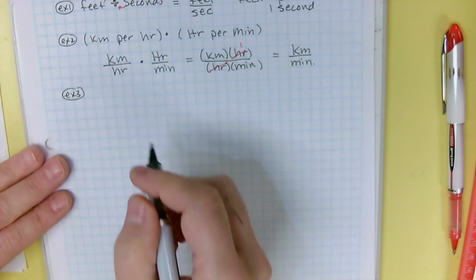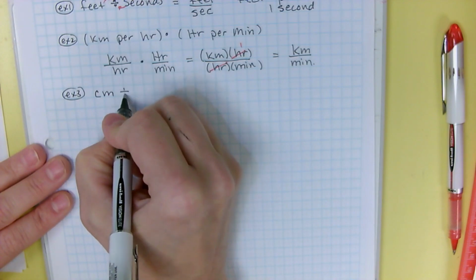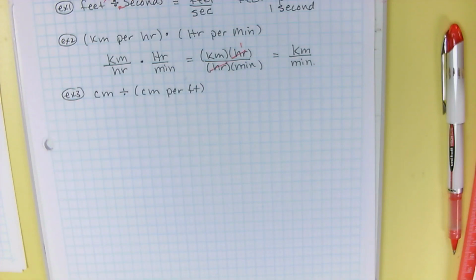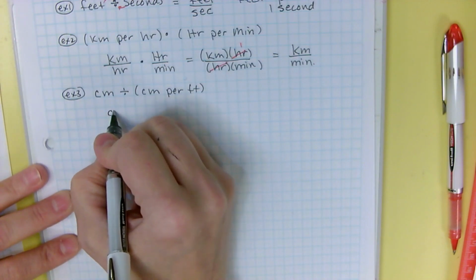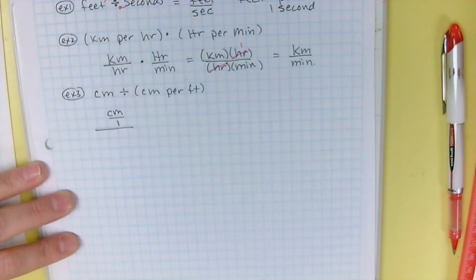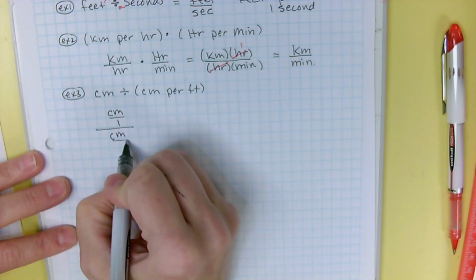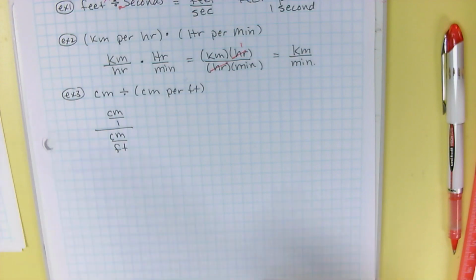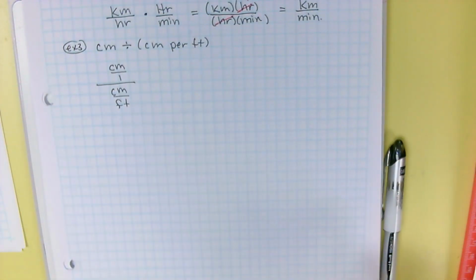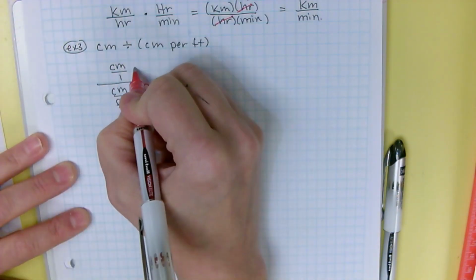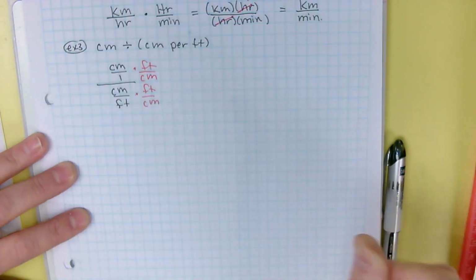All right, last one of these I'm going to show you. Let's say you've got centimeters divided by centimeters per foot. In this case, centimeters goes on top, so centimeters over 1, all over a fraction on the bottom because of the word per: centimeters over 1 foot. Just like when we did stacked fractions, to get rid of the bottom fraction, you multiply by the reciprocal. So you multiply the top times feet over centimeters.